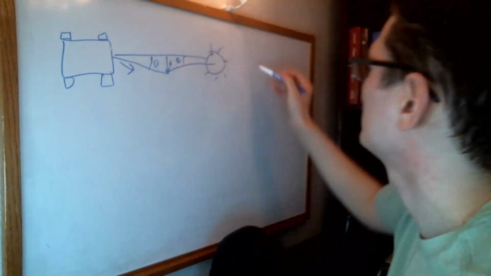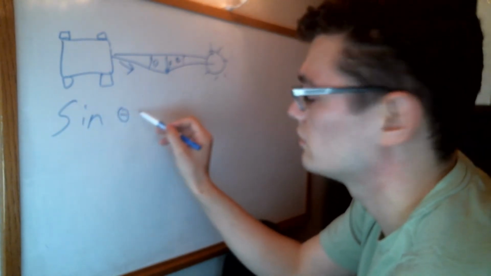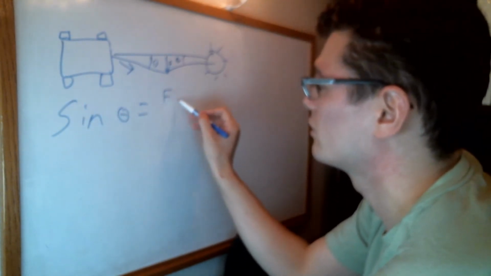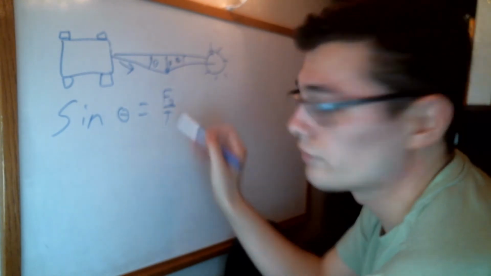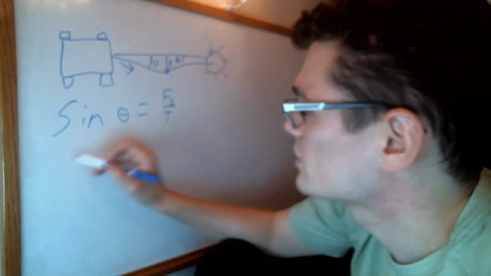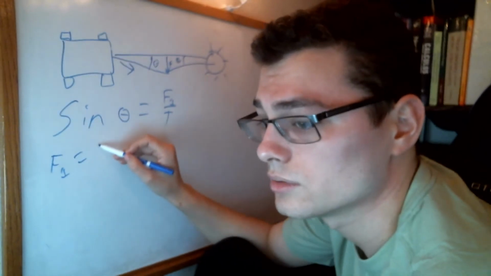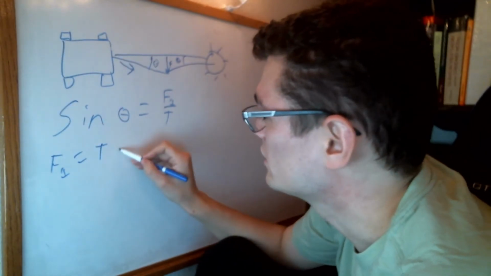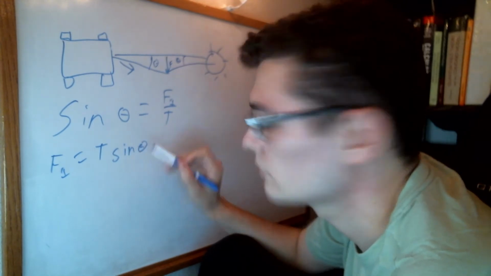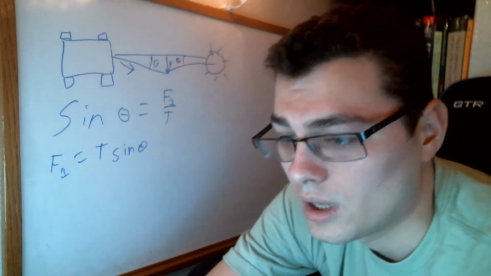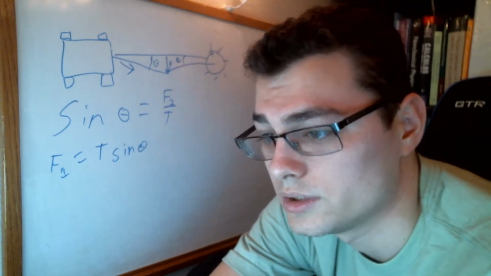So we can take the sine of theta to be equal to F1 over T. This gives us that F1 is equal to T sine theta, and F2 is also going to be T sine theta.